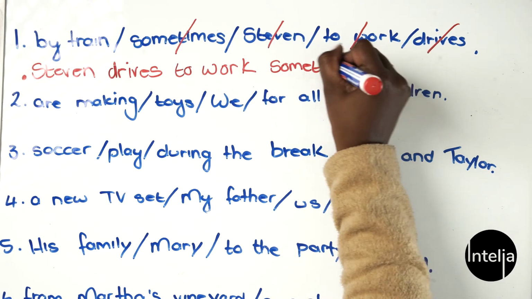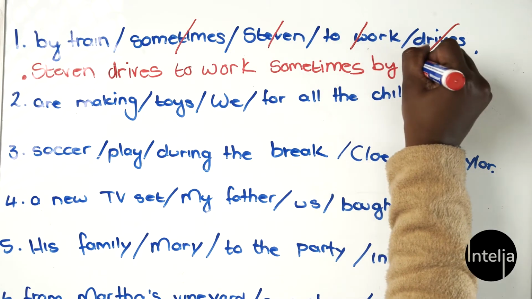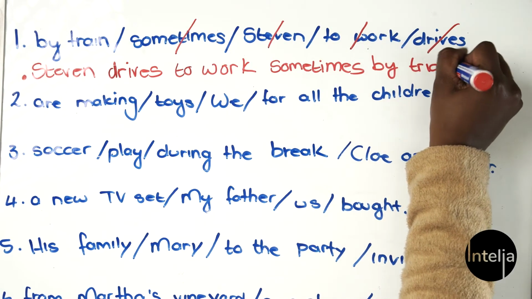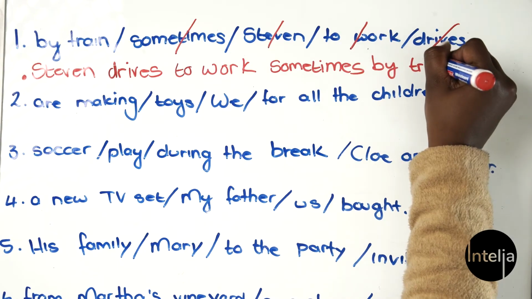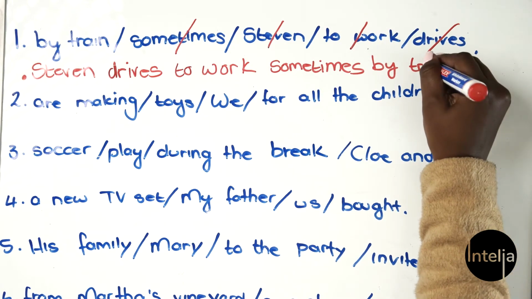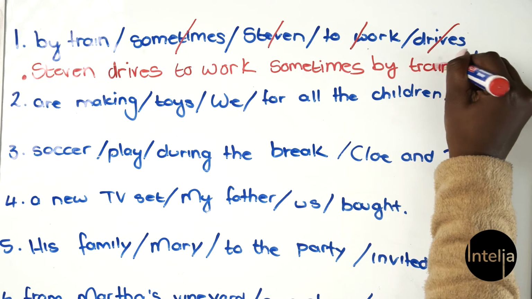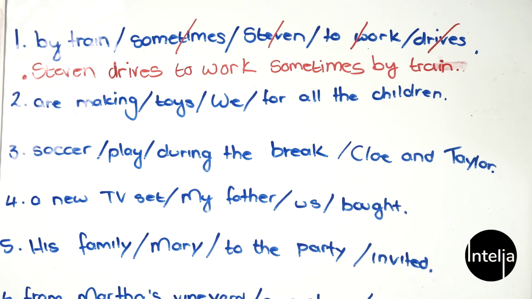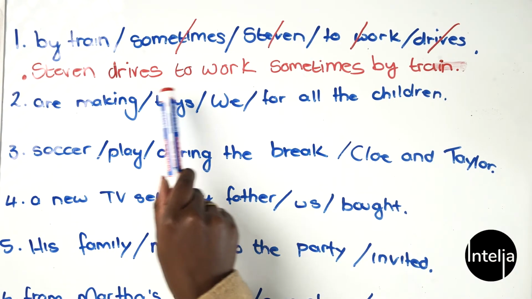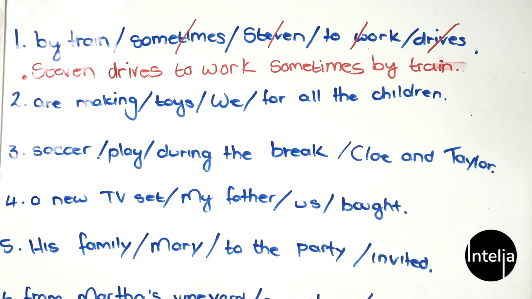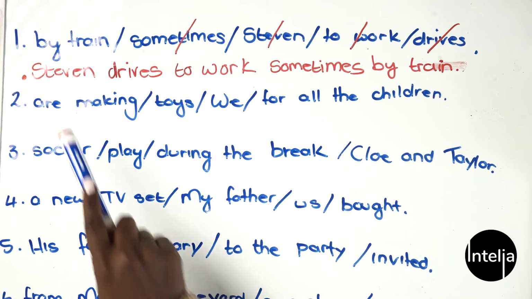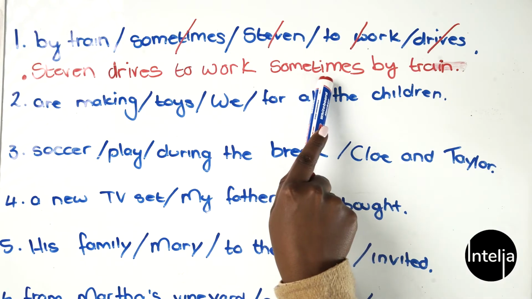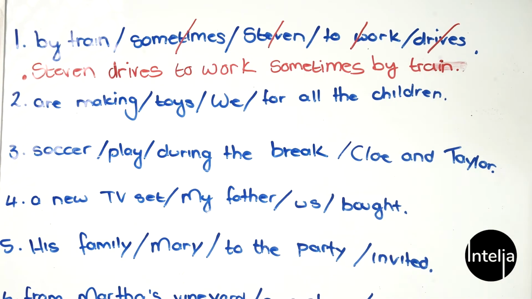And then that leaves us with by train. So, Stephen drives to work sometimes by train. Let's say that again. Stephen drives to work sometimes by train. Awesome. Let's go on to number 2.